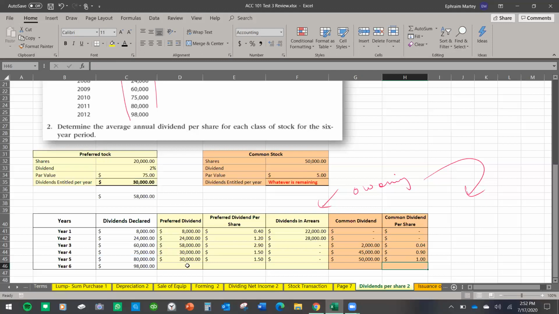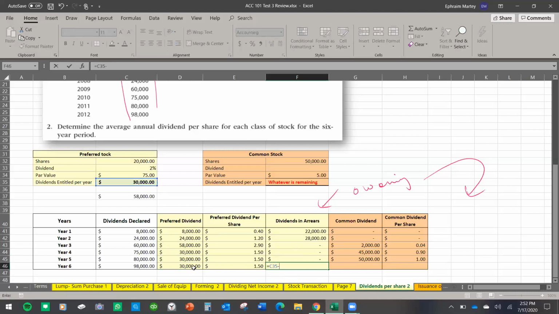In the last year, we had 98,000, so we will be able to pay each year how much we need to pay. And then their earning per share will be the same as the previous year. Earning per share should be divided by the total shares, okay, $1.5, and we are not owing them anything.